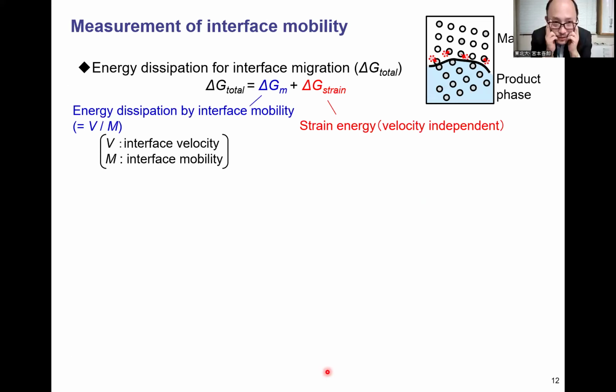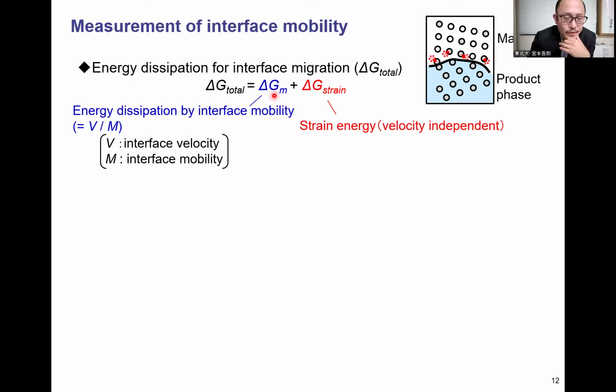So the first one is a measurement of interface mobility for case and non-case interface. In order to quantify the interface mobility, we focus on the energy dissipation for the interface migration. So energy dissipation for the interface migration is a function of two components.